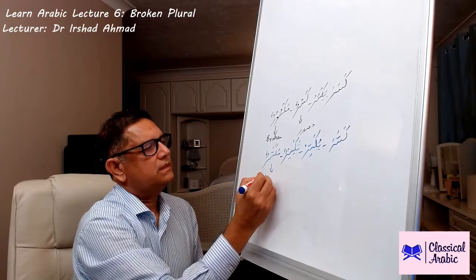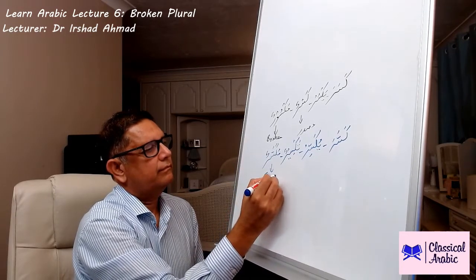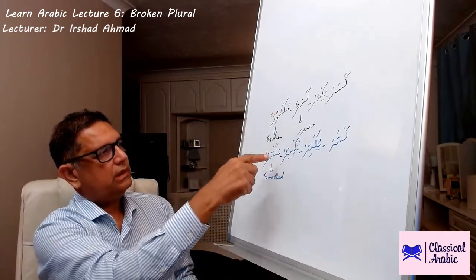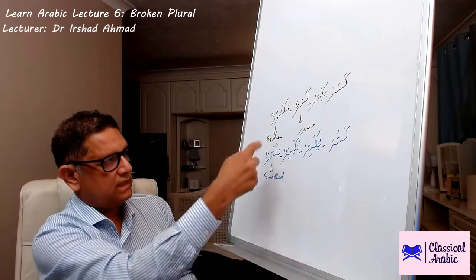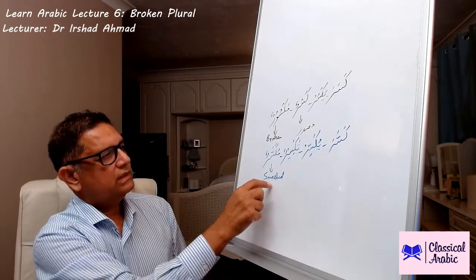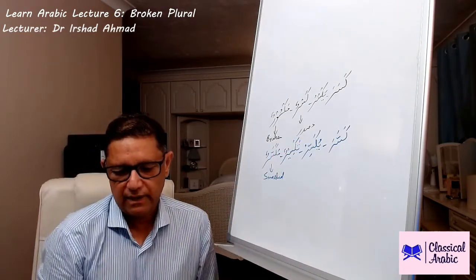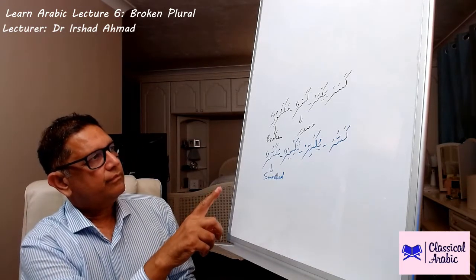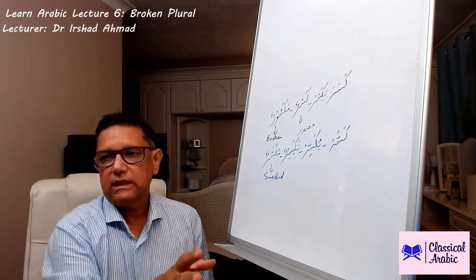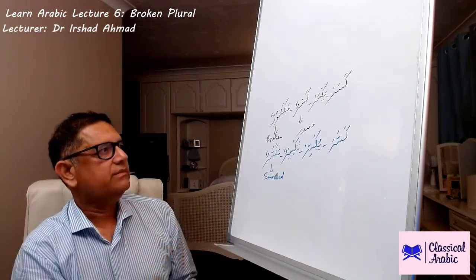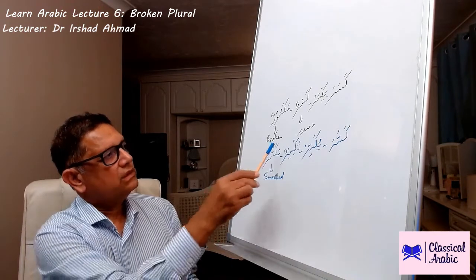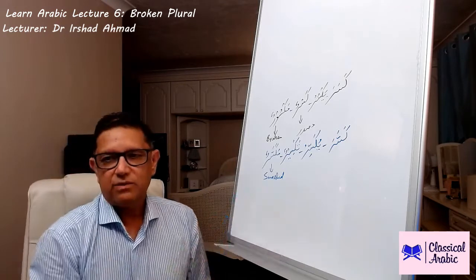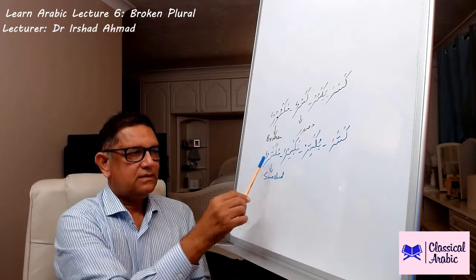This basically means smashed. So maksurun means broken, and there is excessiveness here of the same action of breaking, and we will really translate that as smashed. The Arabic grammar books in English, all of them which I have seen, the authors have used the word broken plural, not the smashed plural, but I think really this means smashed.